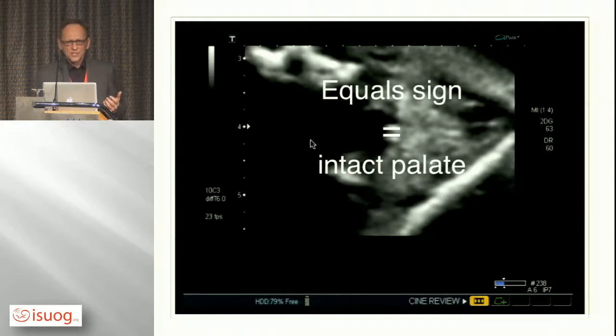The non-visualization of the uvula doesn't prove a cleft, but it's an indicator that it could be. Now it's on you to sort out whether there's a cleft or not. So please remember now the point I mentioned before, that the defects are lying in the midline, so check the soft palate in the mid-sagittal section.